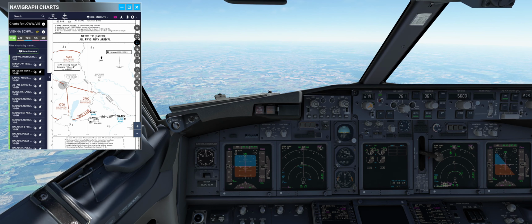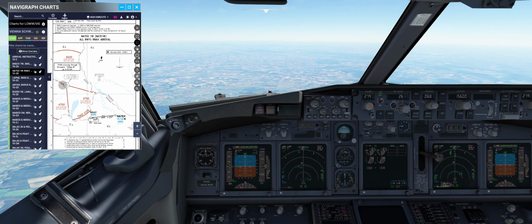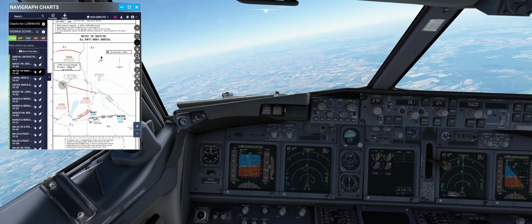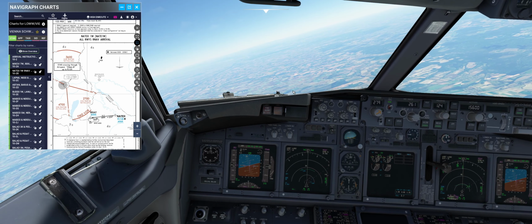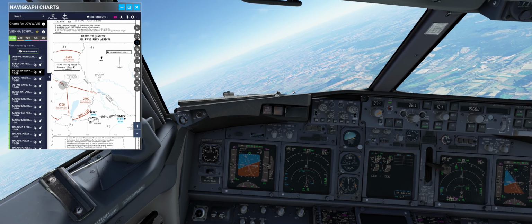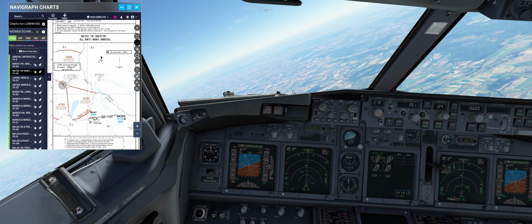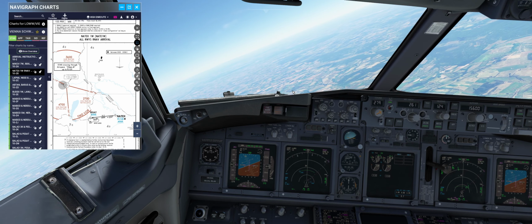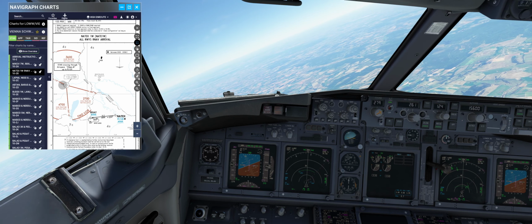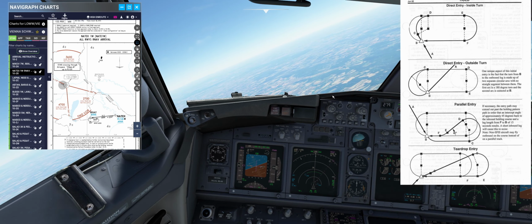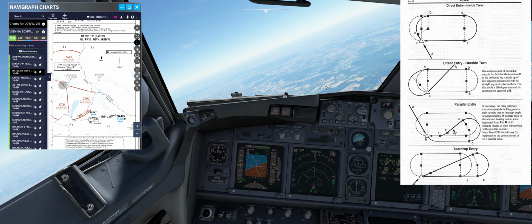The ways you can enter the holding pattern, as you probably know, are the parallel way, the teardrop way, and the direct entry way. And how it is coded in the FMC database in Boeing, you can see right now on the picture I am showing you.